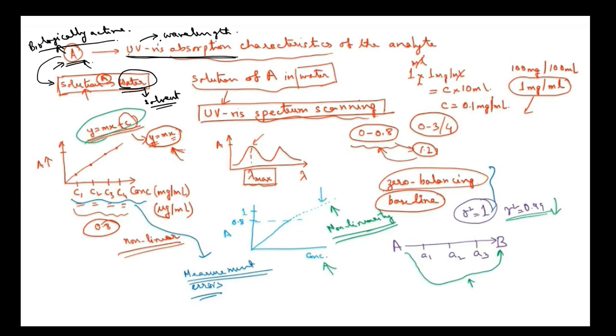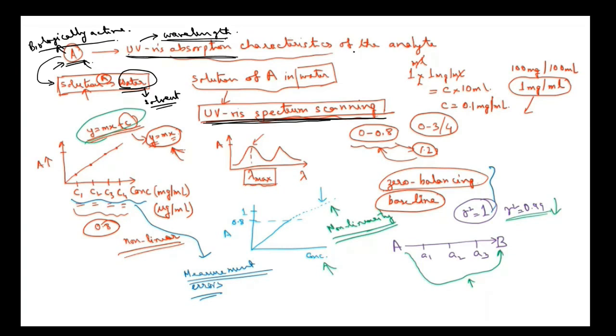This is called UV visible spectrum scanning. Spectrum means it covers the frequency components. Since wavelength is associated with frequency, we call it spectrum scanning, because electromagnetic radiations of different frequencies will be involved.